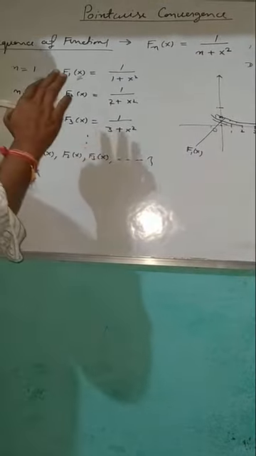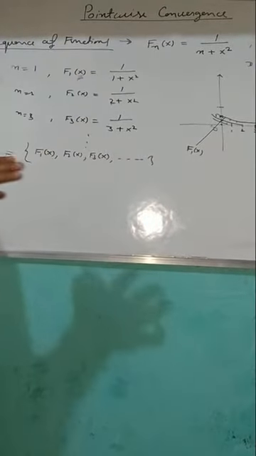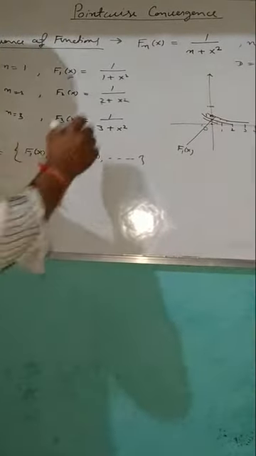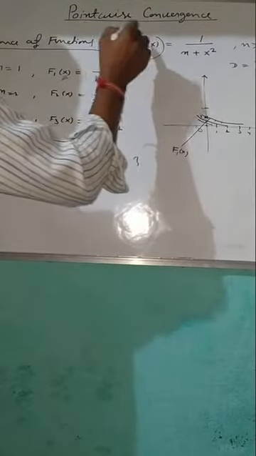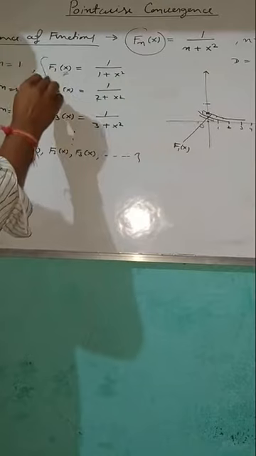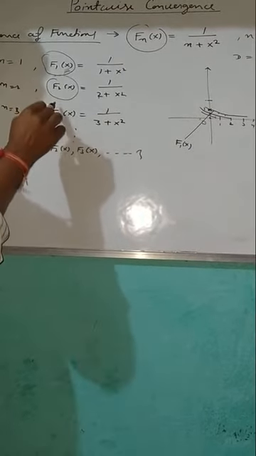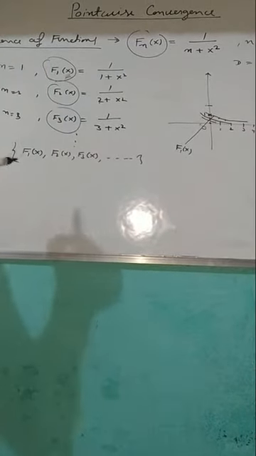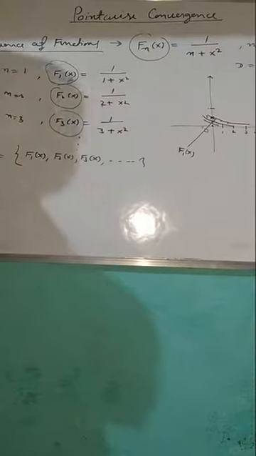For finding the pointwise convergence and uniform convergence of a sequence of functions, we find the convergence of the different functions on the given domain.